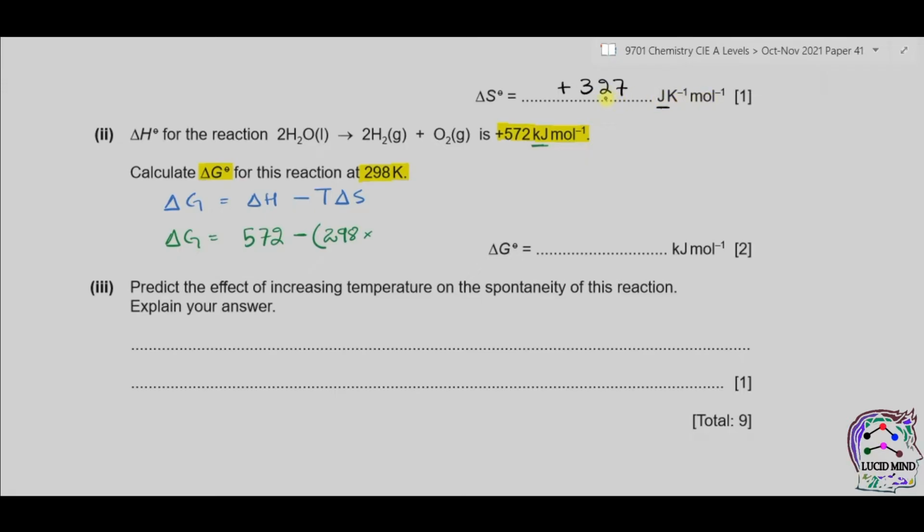Now we have to convert this into kilojoules, so we can divide this by 1000. This is because the value here is in kilojoules, so this must also be in kilojoules. Now the Gibbs free energy comes equal to 474.6 kilojoules per mole.